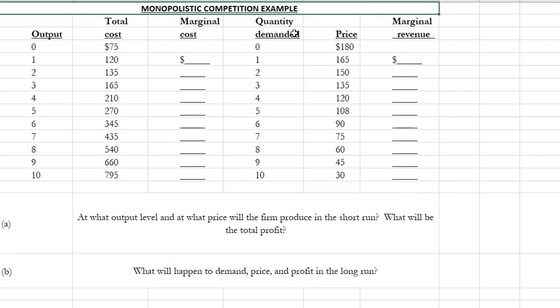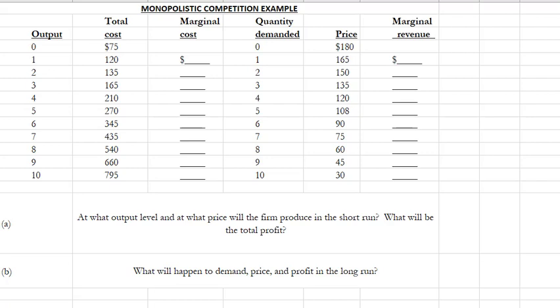We also have the quantity demanded, which is coinciding with the amount that's being produced. We have the price for the good, and we have another blank column right here for the marginal revenue, meaning we're going to have to calculate this.